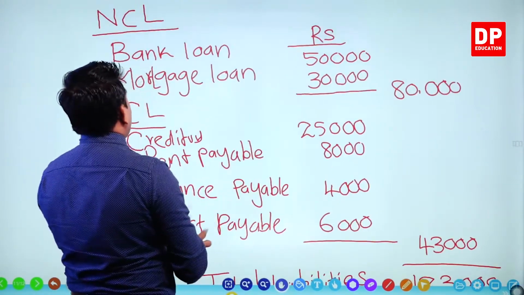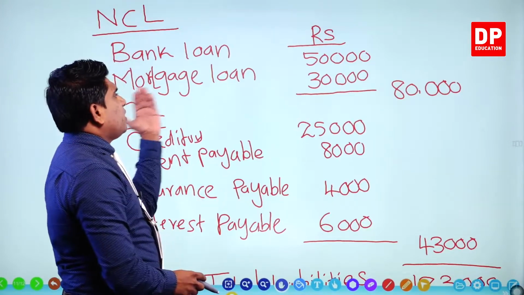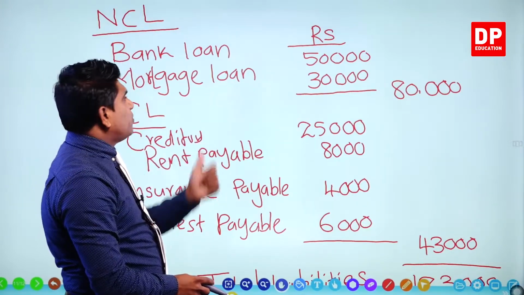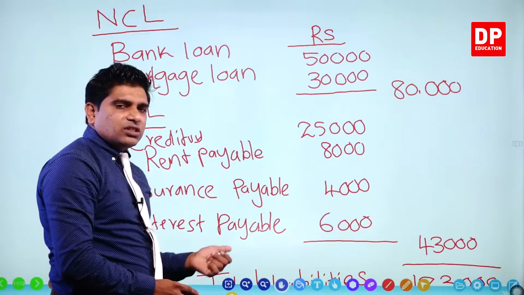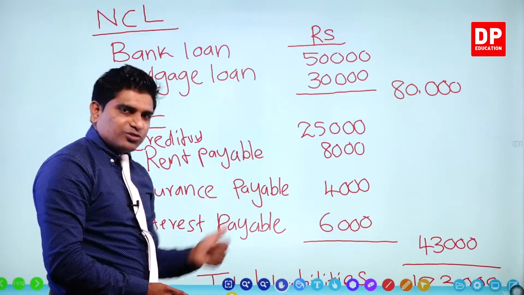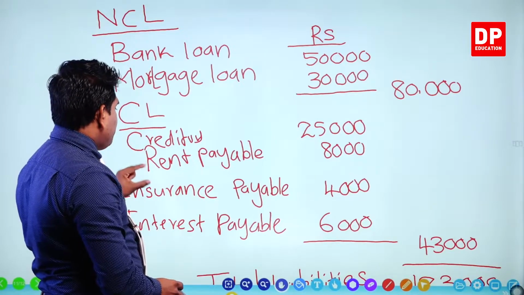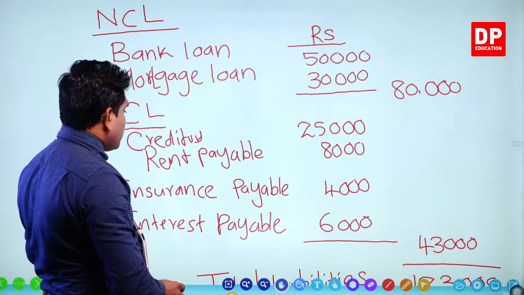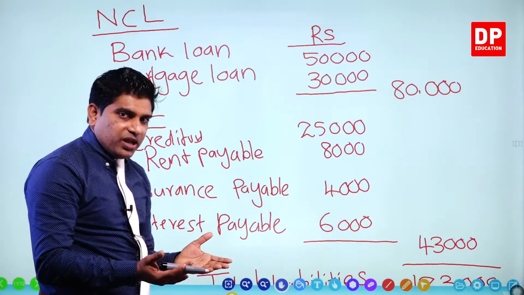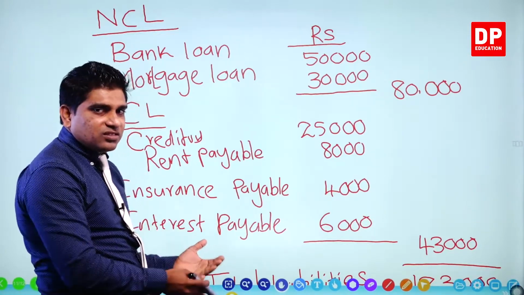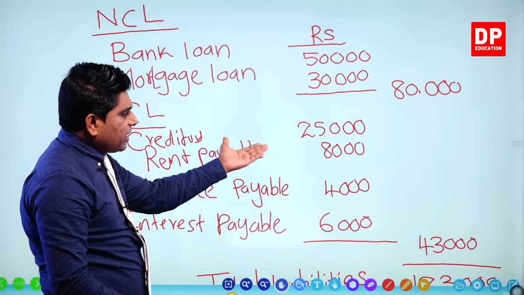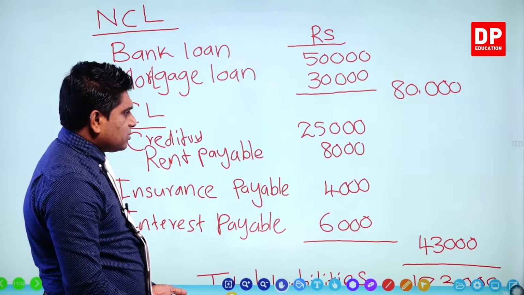Remember, at the beginning, under non-current liabilities we have written bank loan, right? More than 1 year, 50,000. Mortgage loan, 30,000. The total, 5 plus 3, 80,000, right? Now, current liabilities: creditors, rent payable, insurance payable, interest payable, all the payable expenses, any payable expense is a liability: 25,000, 8,000, 4,000 and 6,000, right?